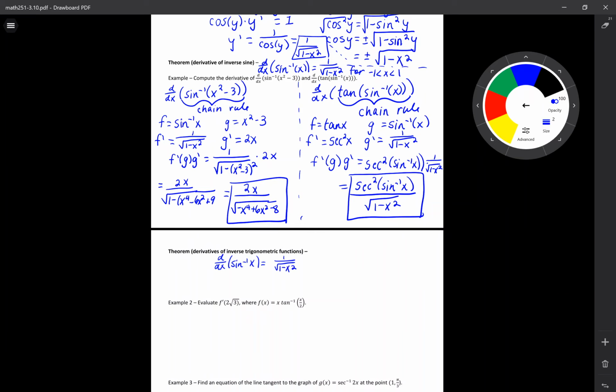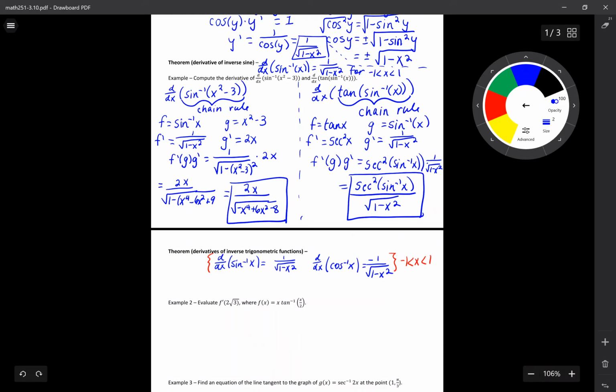The derivative of cosine inverse of x is equal to negative 1 over square root 1 minus x squared. For both of these, this holds for x strictly between negative 1 and positive 1.